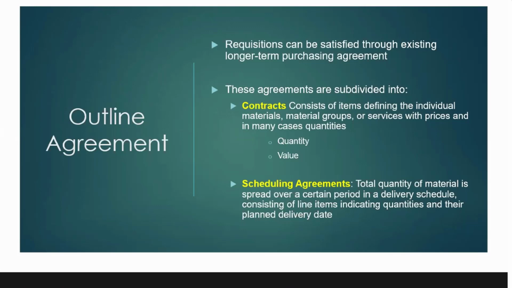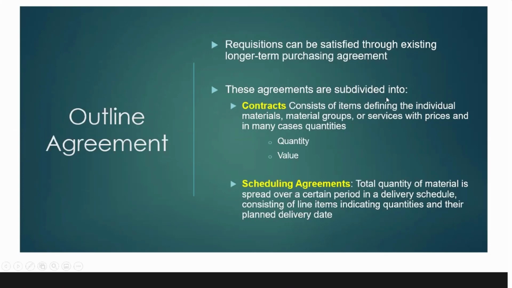The outline agreement. What does it mean? This means there is an agreement between your company and other companies. Based on this, we can satisfy a purchase requisition using purchasing agreements. Because we have an agreement, and these agreements are subdivided into a contract and schedule agreements.